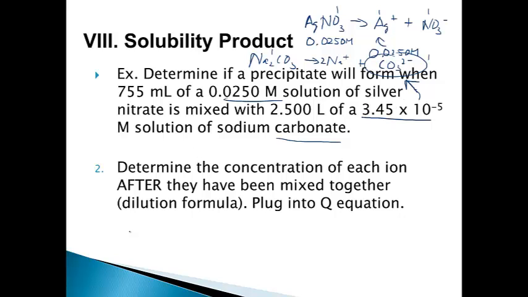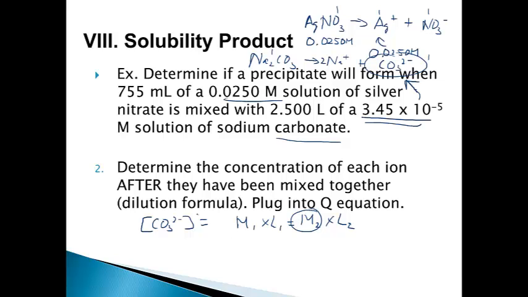So what is the carbonate concentration after we mix it? Okay, don't forget you're going to use M1 times L1 equals M2 times L2 to figure out the concentrations. M2 is our new concentration that we're looking for. So what was the carbonate concentration before we started?